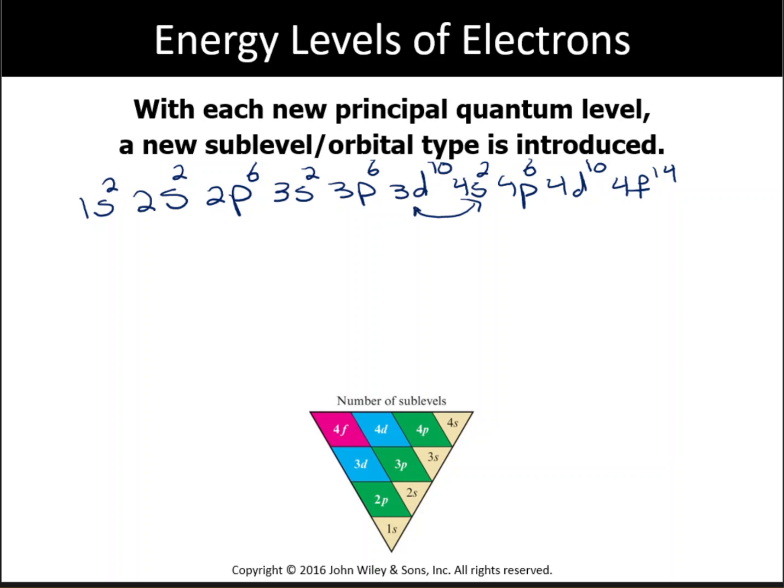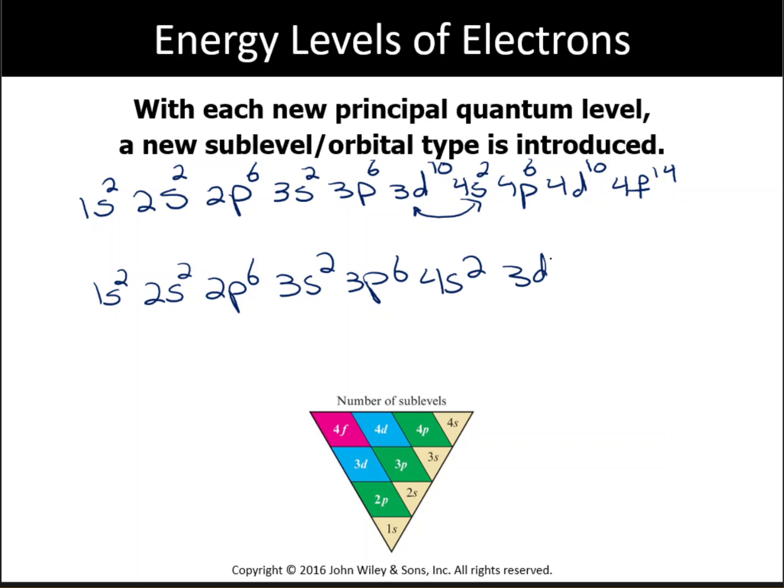So the actual order that you want to memorize is like this: 1s2, 2s2, 2p6, 3s2, 3p6, 4s2, 3d10, 4p6, and it's good for now. So memorize this order, and this is called the electronic configuration.